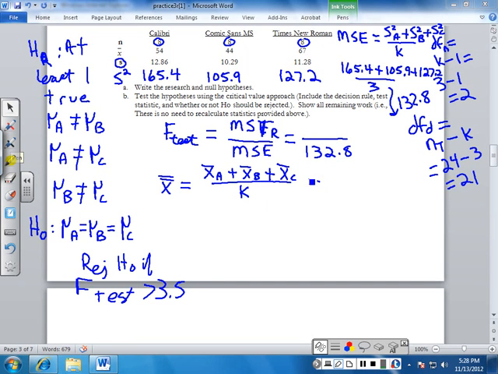And so that's equal to 54 plus 44 plus 67, divided by 3.